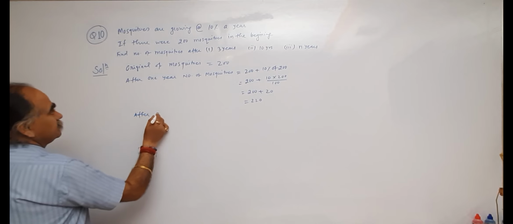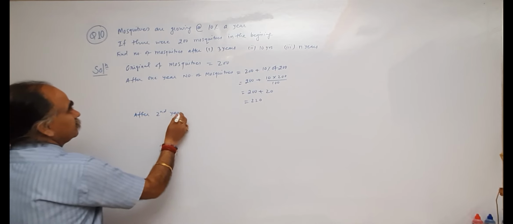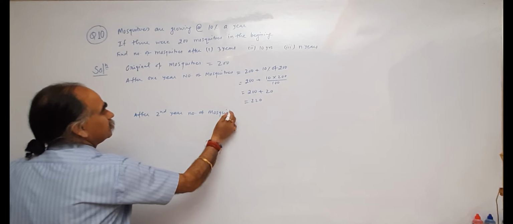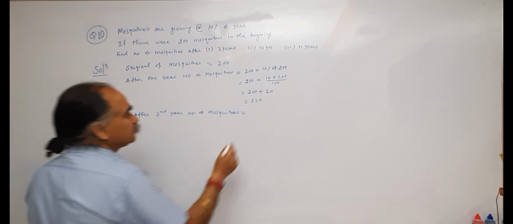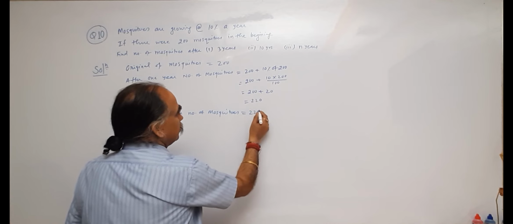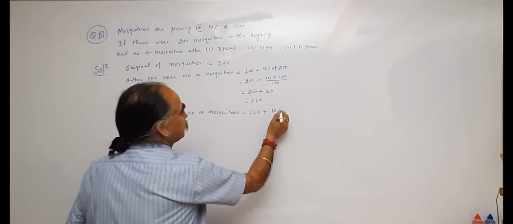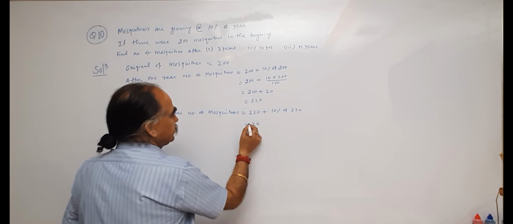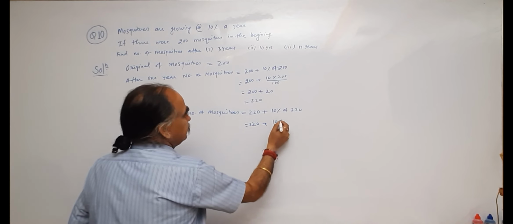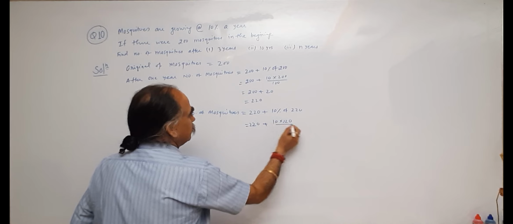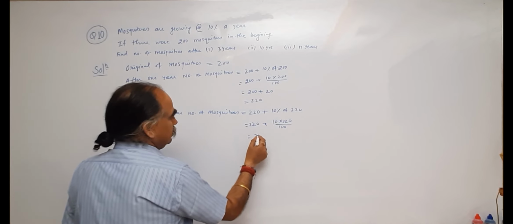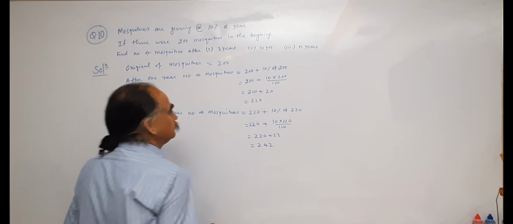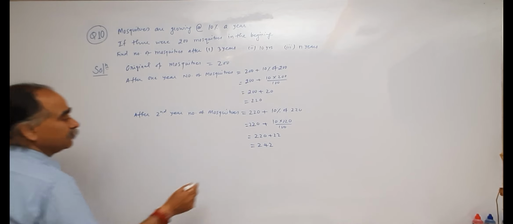After second year, number of mosquitoes is equal to 220 plus increase. Increase is what? 10%. 220 plus 10 into 220 upon 100, 220 plus 22, 242, and so on.